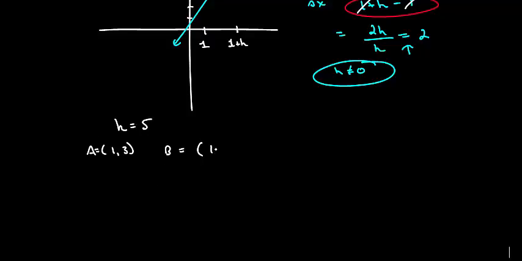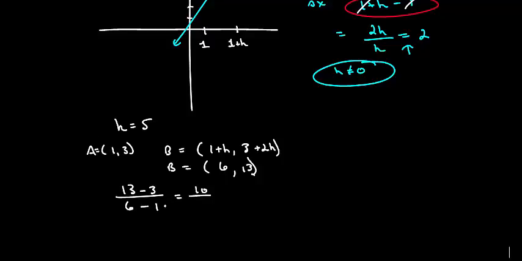Well then B, which is 1 plus h, and 3 plus 2h, is going to be 6, because 1 plus 5, and then 2 times 5 is 10, so 13. And if we compute the slope here, it's going to be 13 minus 3 over 6 minus 1, which is 10 over 5, which, what do you know, is 2.